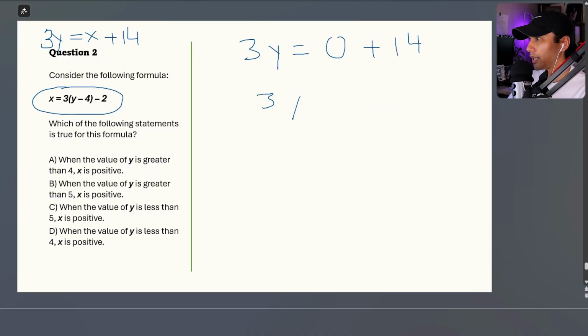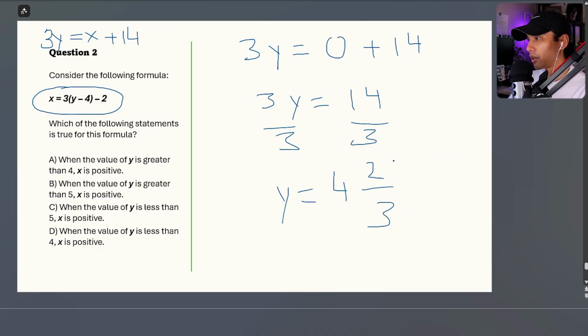And then we have 3y equals 14. Divide by 3. Divide by 3. How many times can 3 go into 14? We have an improper fraction here. How many times can 3 go into 14? That's going to be 4 times. And then we're left with 2 over 3.